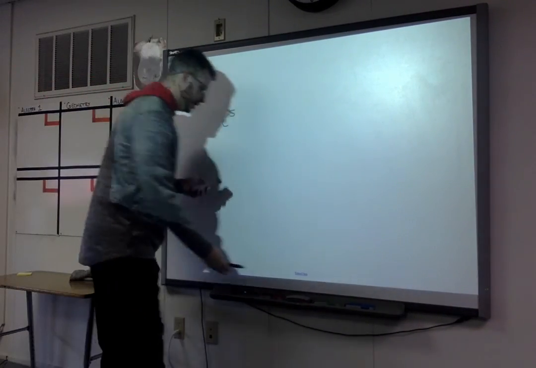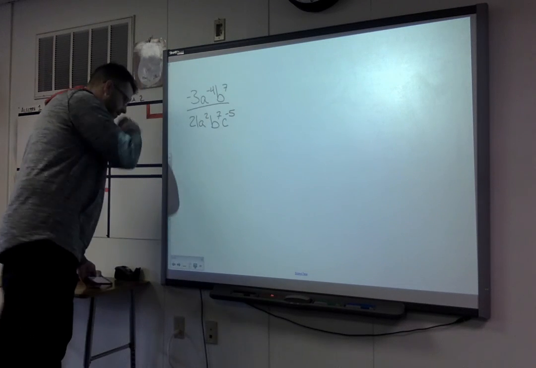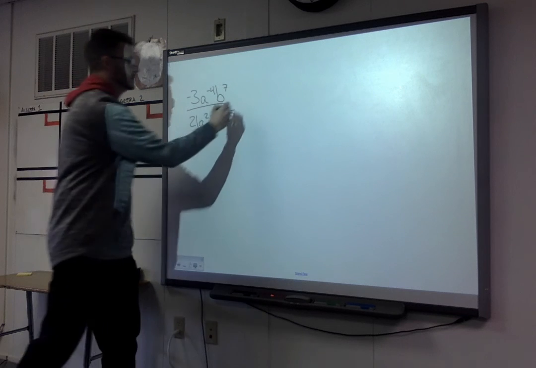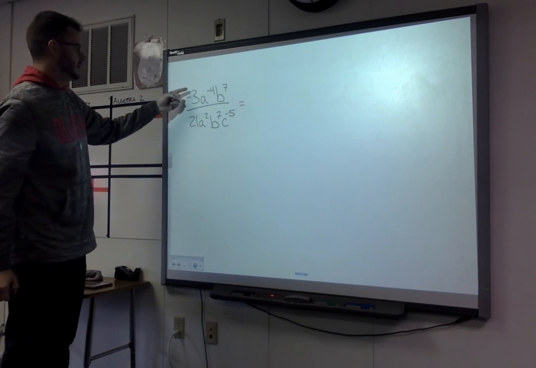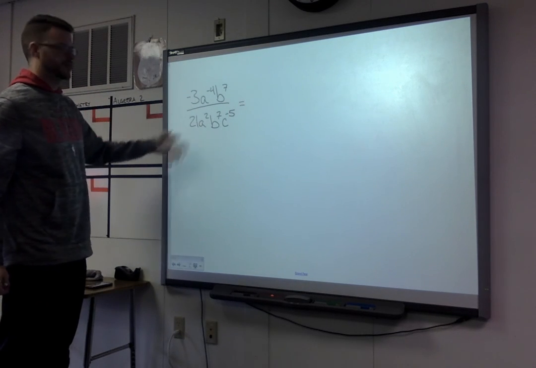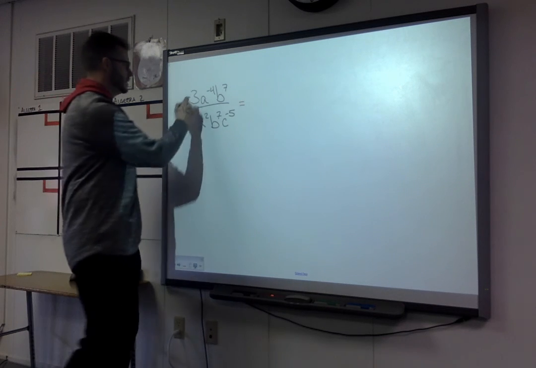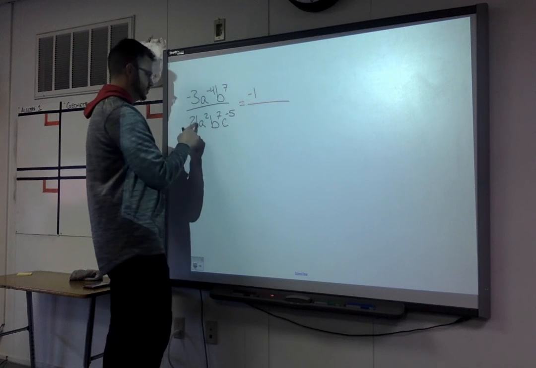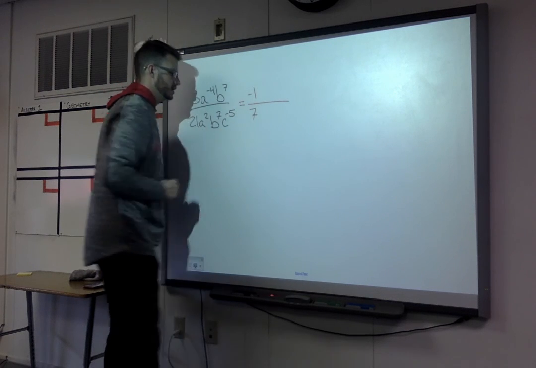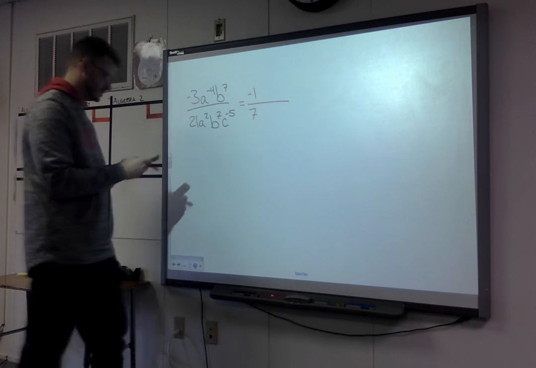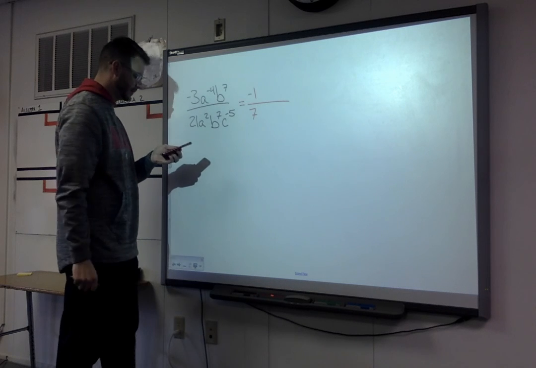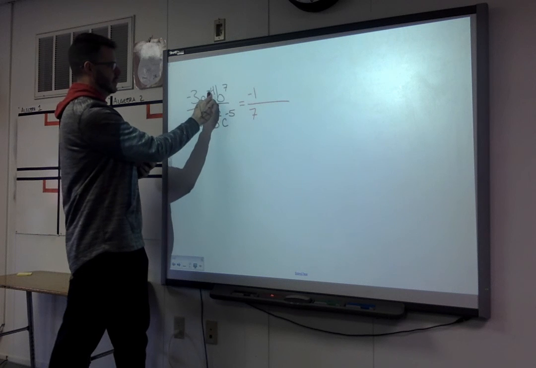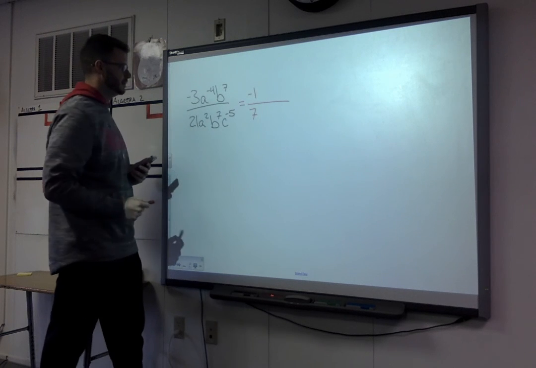So doing this problem here, the first thing I'm going to do is take a look at my coefficients, those can be simplified. Negative 3 and 21, 3 goes into each of those. So negative 3 divided by 3 gives us negative 1. 21 divided by 3 gives us 7 in this case. So now, I'm going to divide my a's.